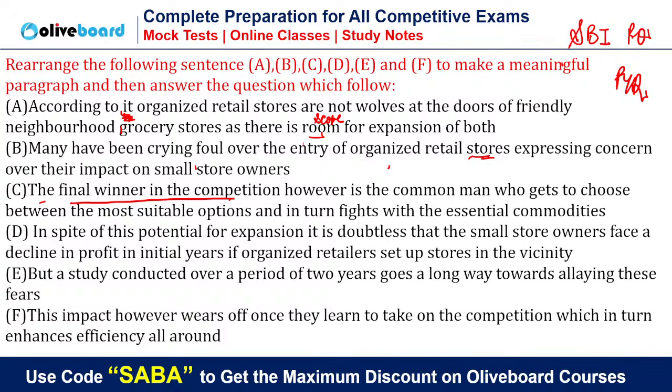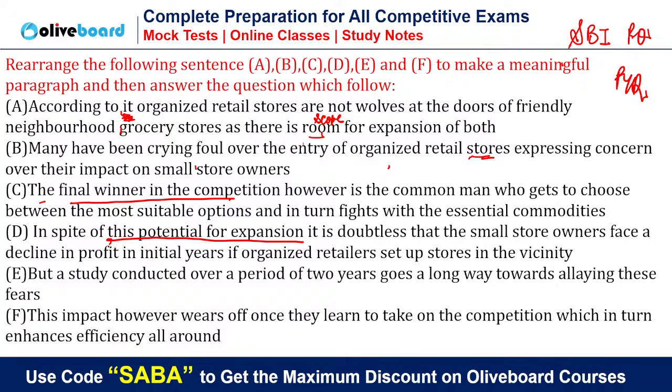Now here also pair formation is there, but it is not direct pair formation, it is conceptual pair formation. Without pair formation, there cannot be any parajumble, okay? In spite of this potential for expansion, is there any sentence in which we discussed potential for expansion? Any sentence where we talked about expansion?